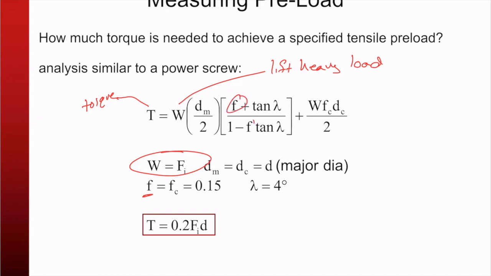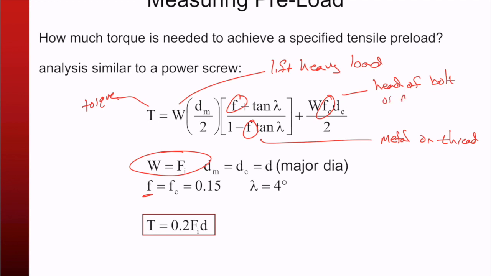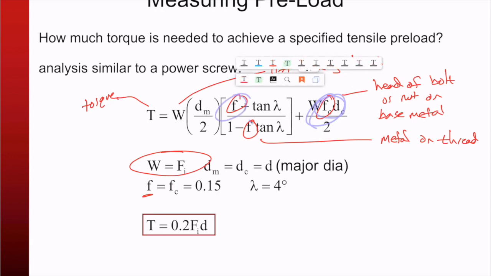So this is friction of the thread, metal on thread. And then this friction is the head of bolt or nut on base metal, right? Because we can't really put bearings in. We can't really put bearings into here to reduce that, and we certainly can't put bearings on the threads. So we've got two frictions that we have there.